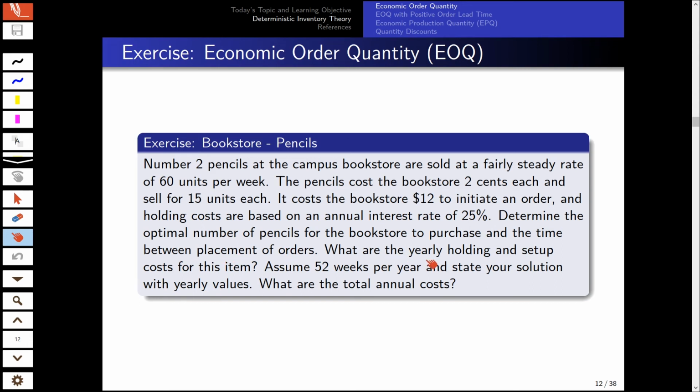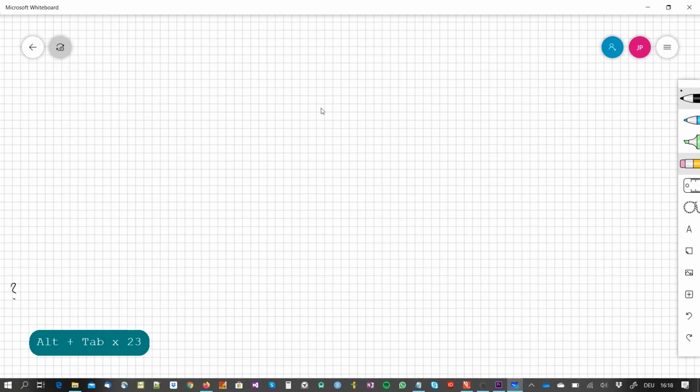So here we are considering a yearly inventory holding and reordering. So how much should that be? For this purpose, we regard 52 weeks per year. And now we need to calculate the optimal order quantity, the optimal reorder point, and the total annual costs.